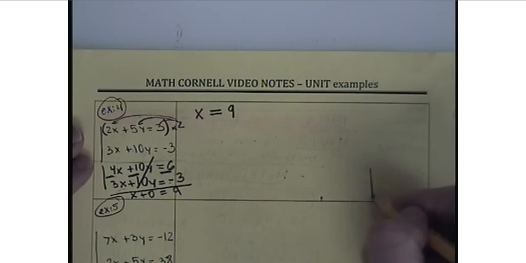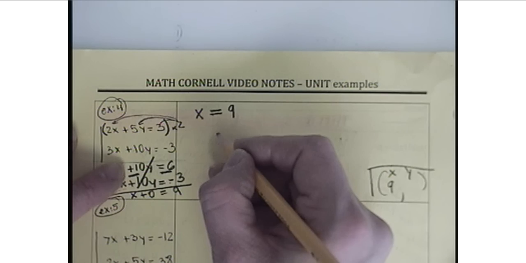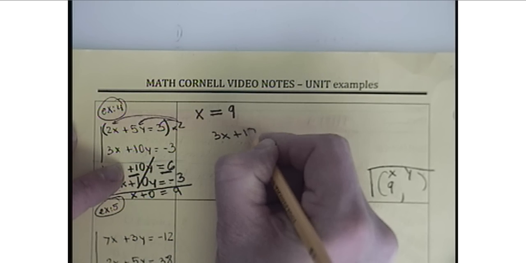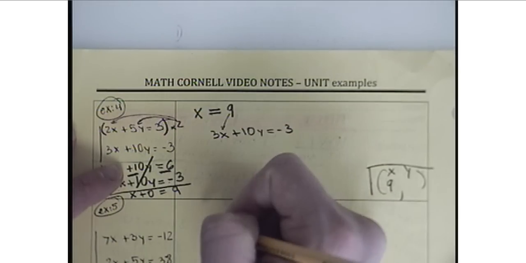So the solution, x is 9. Now we want to calculate y. We can substitute in the first equation or second, it doesn't matter, let's do the second this time. So 3x plus 10y equals negative 3, and we substitute 9 for x here.